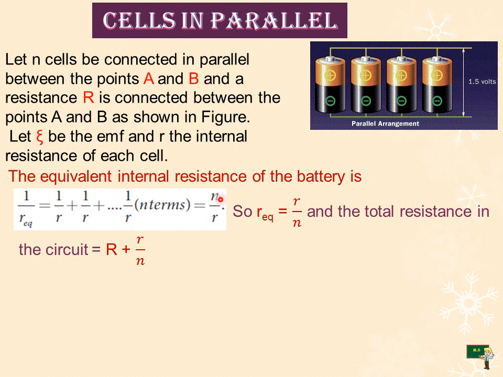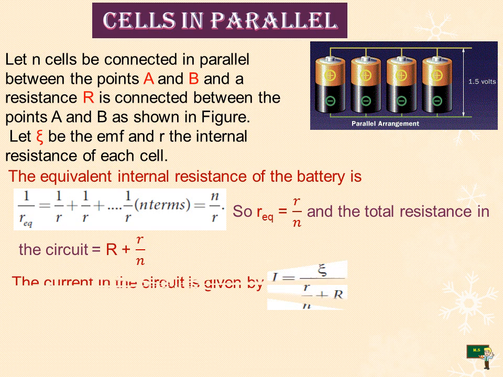That means n by r. So r equivalent is equal to r by n. And the total resistance in the circuit is capital R plus r by n.